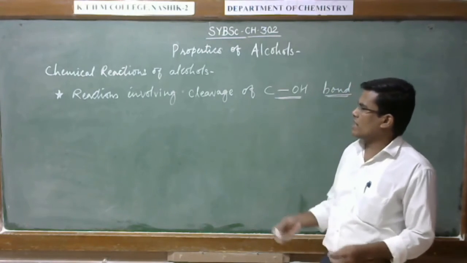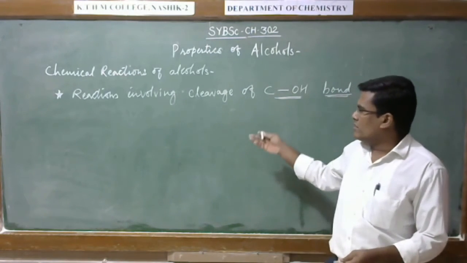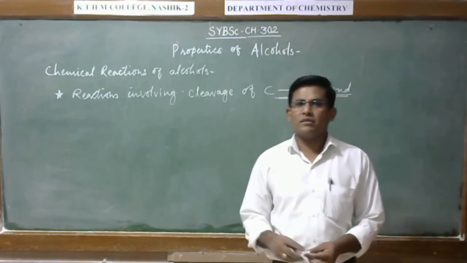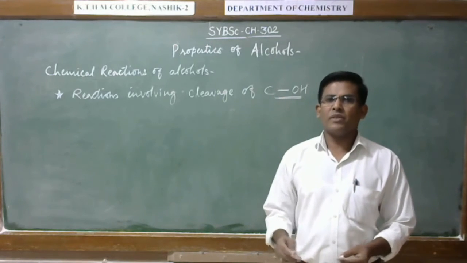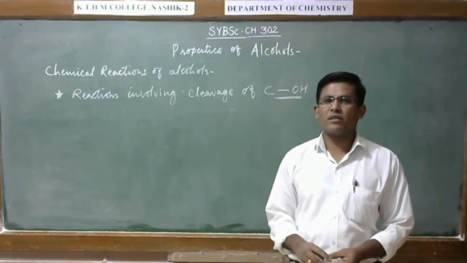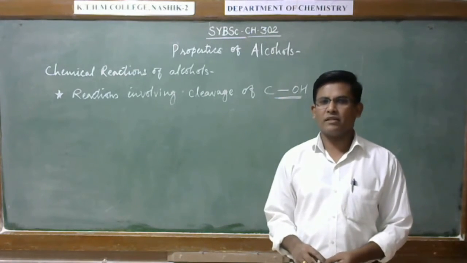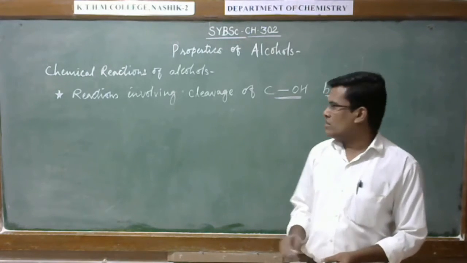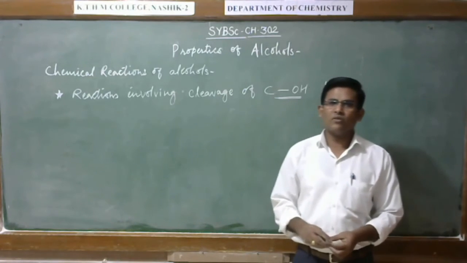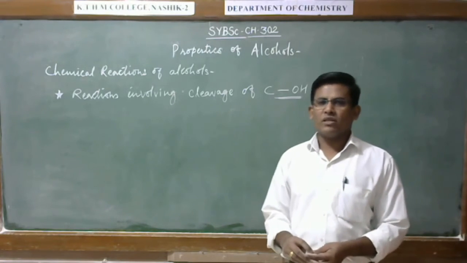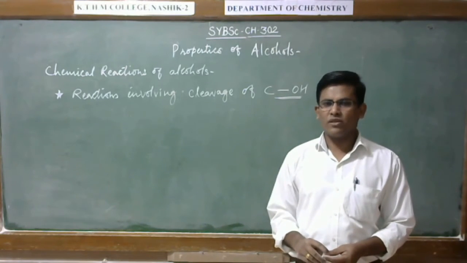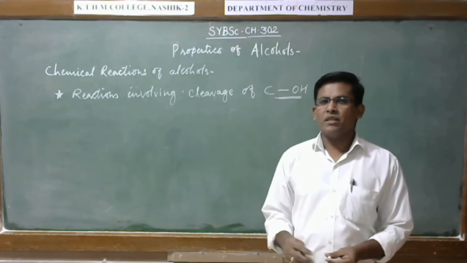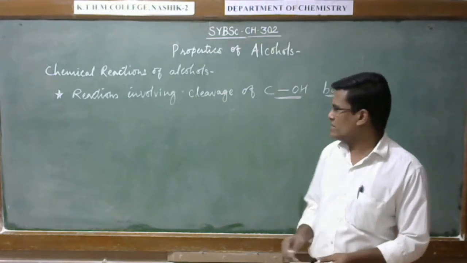The second reaction of alcohol involves the cleavage of the C-OH bond. In this, the three types of alcohols, primary, secondary, and tertiary alcohol, can be determined by the Lucas test. When these alcohols react with the Lucas reagent, that is concentrated hydrochloric acid and anhydrous zinc chloride, they form insoluble alkyl halides.